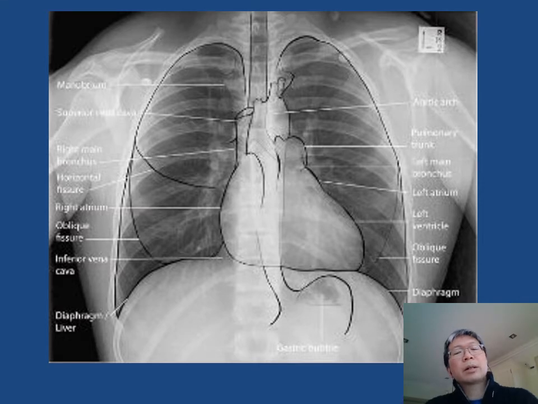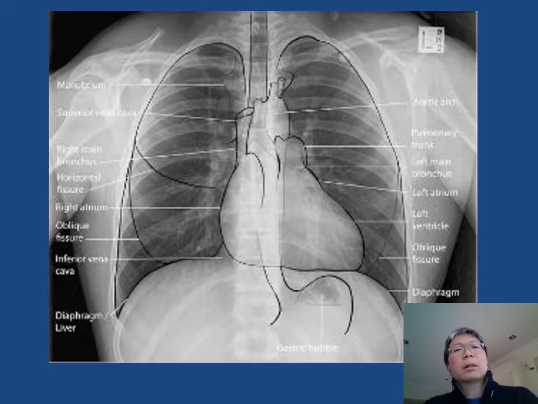On the left side, the mediastinum is made up of the aortic arch, which borders with the left pulmonary trunk, the left hilum, which is in continuity with the left atrium and thereafter the left ventricle.